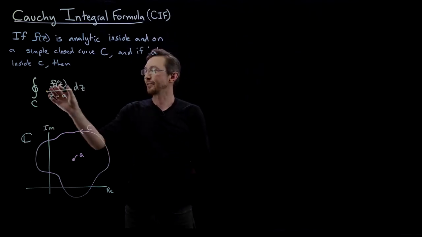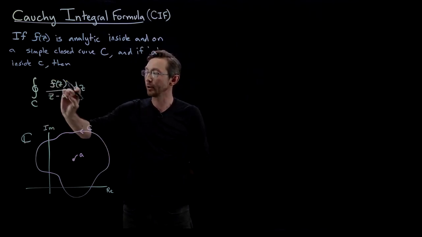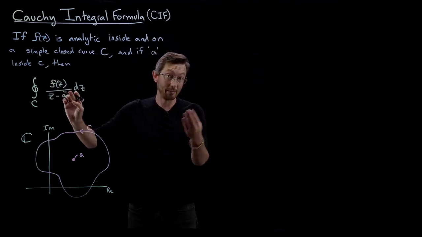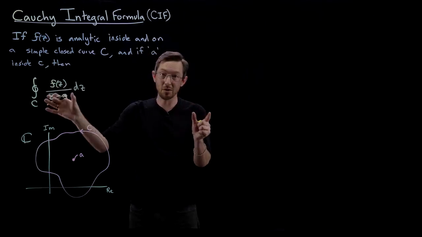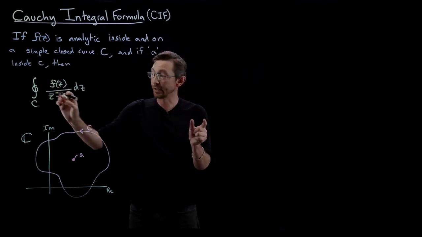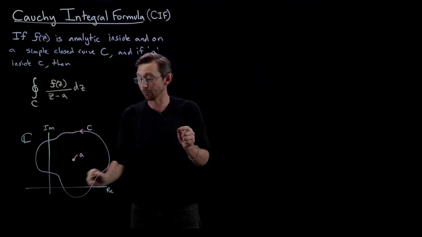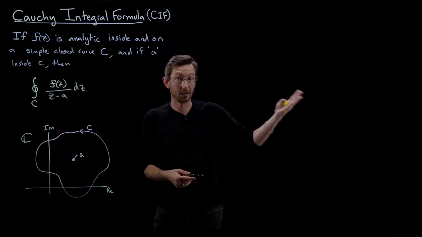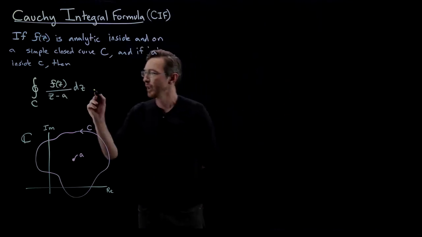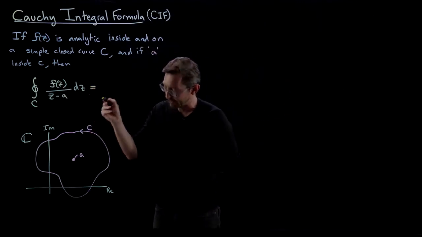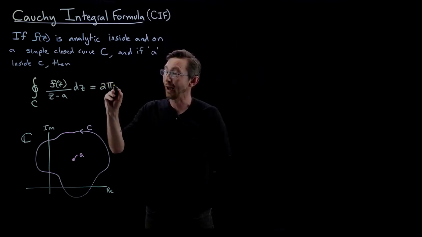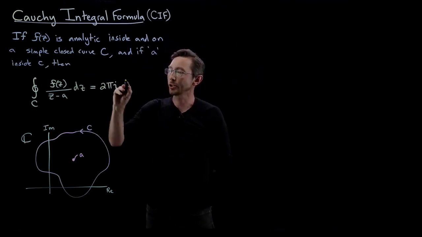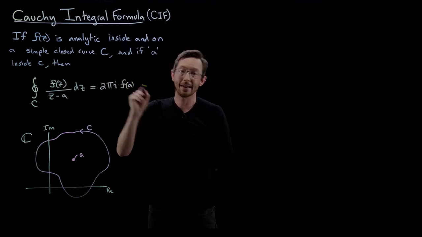But because I have kind of manually multiplied this by 1 over z minus a, which remember is the only kind of function 1 over z minus a that if I do an integral around its singular point, I actually pick up 2 pi I of phase. That's what we showed in the last lecture. This integral equals 2 pi I times the function f evaluated at that point A.